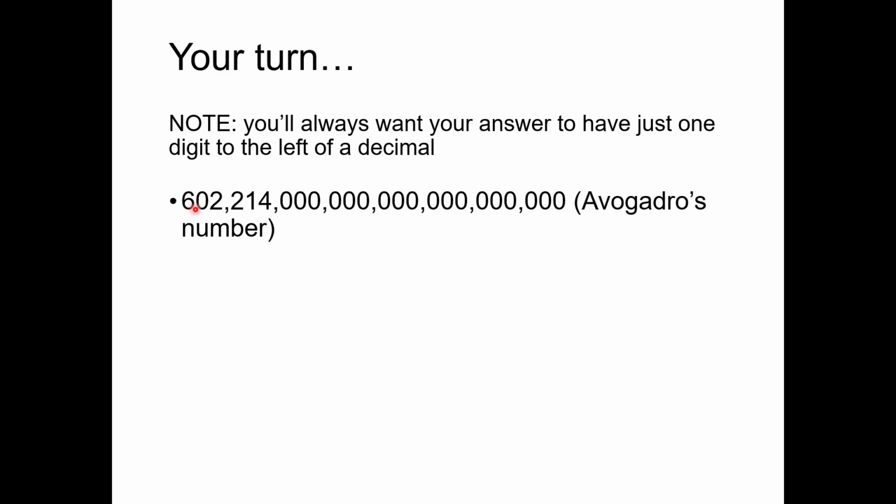Which is exactly what we were talking about. There needs to be just one digit to the left of the decimal. However many times you need to do that, that's going to be the number that you assign as the exponent of 10 that you're going to multiply this by. Kind of, sort of. Give it a shot. I'll wait.